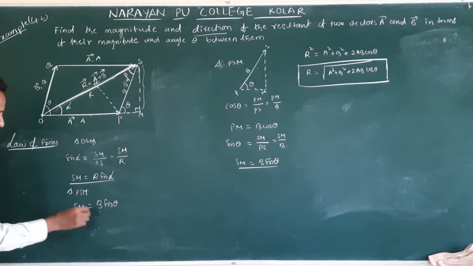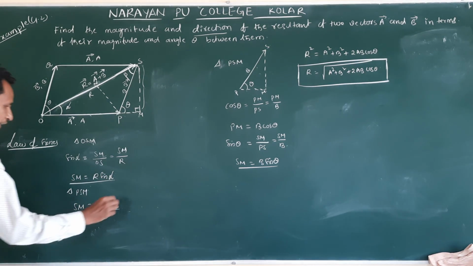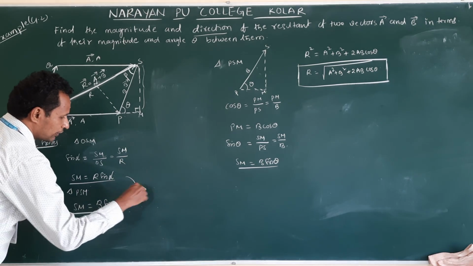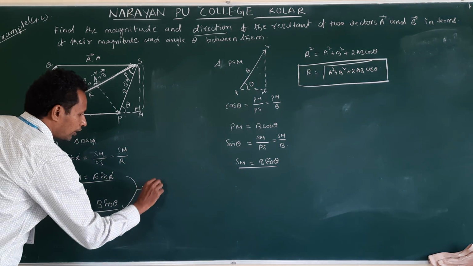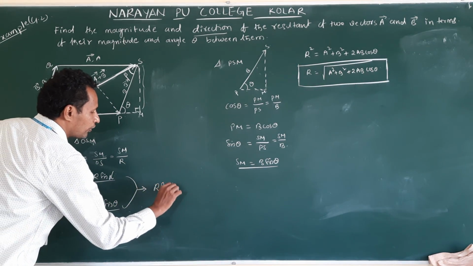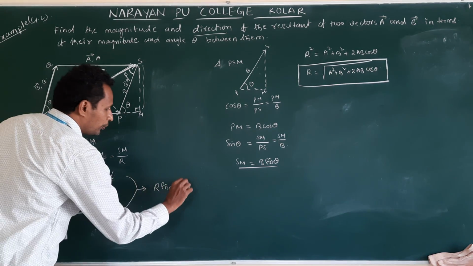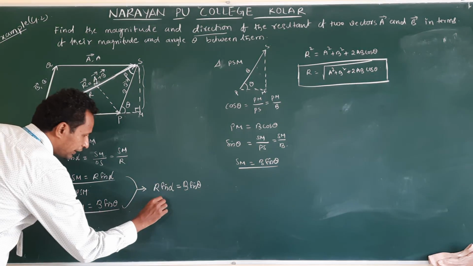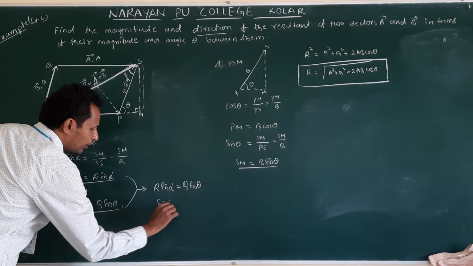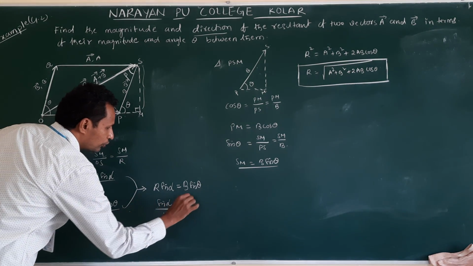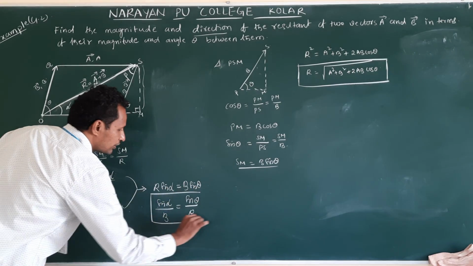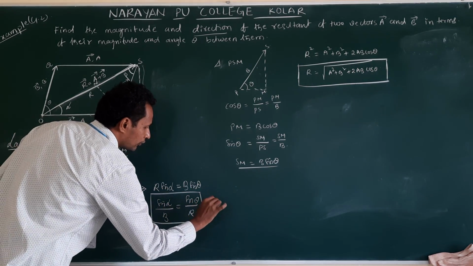In this, SM is the same in both, so we can equate these two. R sin alpha is equal to B sin theta. This we can write as sin alpha by B is equal to sin theta by R. Consider this equation 1.